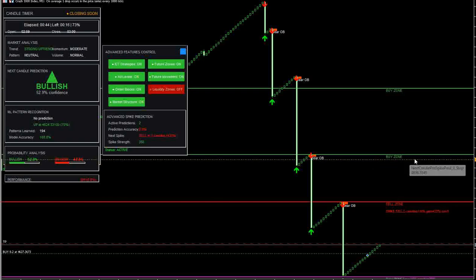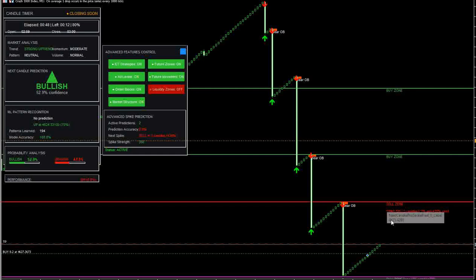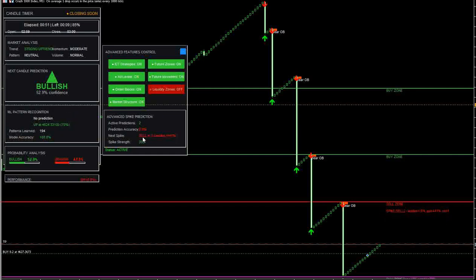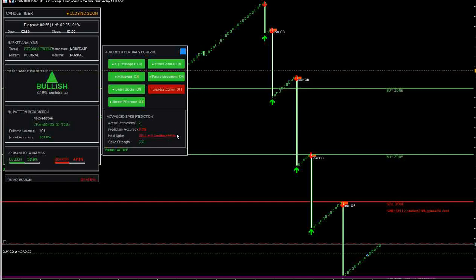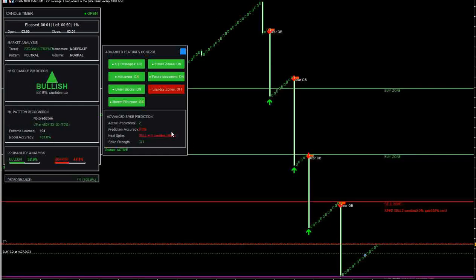This is giving me a strong accuracy. Now you see, sell in two candles is calculating the percentage and how profitable it is, because these have gone through the history and understood that it's going to happen. So look at the strength. The strength is strong.